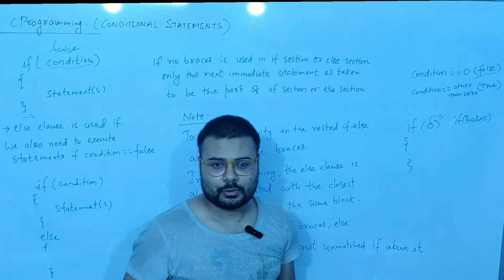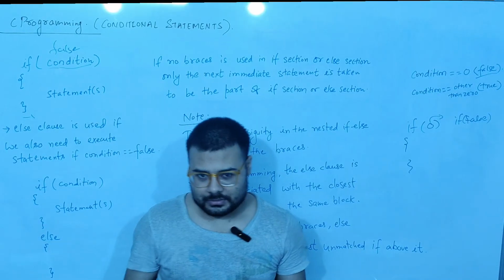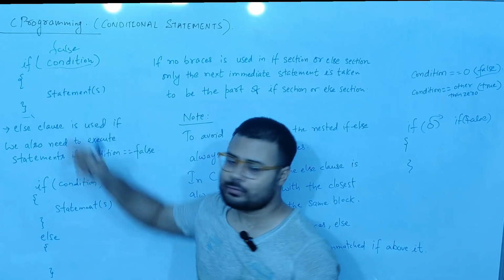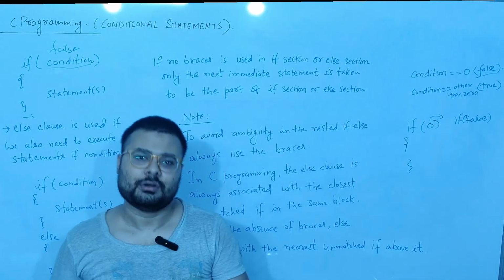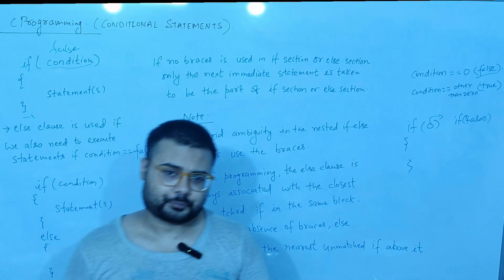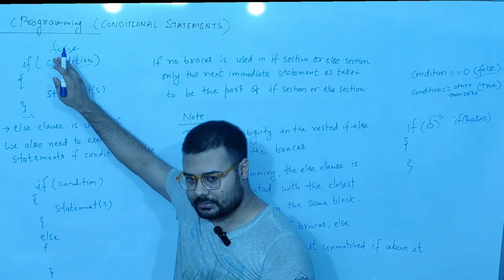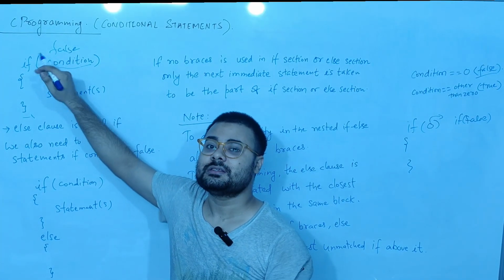Mostly in our programming languages and our problems, what happens is that in this condition you have a Boolean expression only, and that will evaluate to true or false. But the rule is that if you have anything other than 0, it will be considered as true.